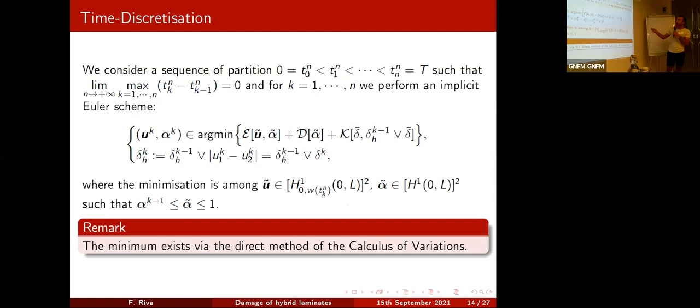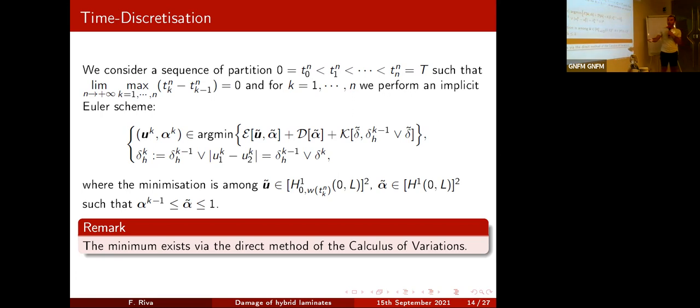So we discretize the time interval 0 to capital T by a sequence of partitions, and for every k equal to 1 to n, we perform this implicit Euler scheme. So given u_{k-1}, alpha_{k-1}, and delta H_{k-1}, we select u_k and alpha_k as a global minimum of the total energy.